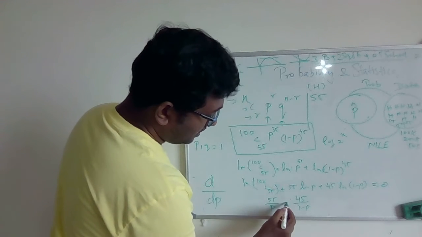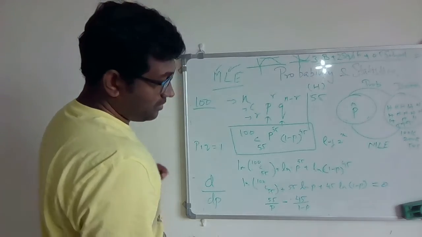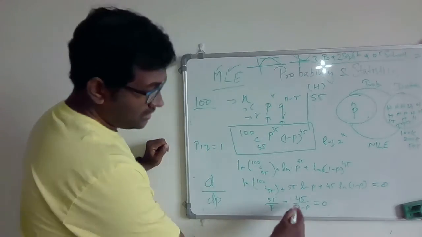So it becomes 55 by P minus 45 by 1 minus P is equal to 0. Okay, this is the equation.